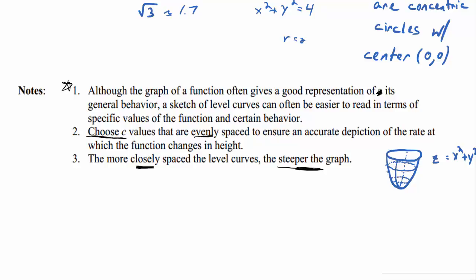And if you took other traces in between for evenly spaced height values and dropped them down onto the xy plane, which is essentially what the level curves are, the traces compressed down onto the xy plane, the ones higher up for evenly spaced c values, evenly spaced function values, will be closer together.